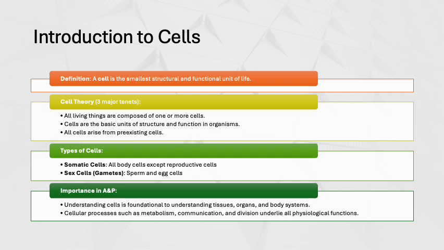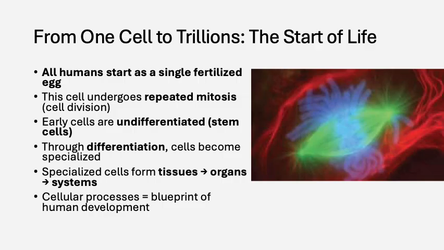In the human body, we recognize two main categories of cells: somatic cells, which make up tissues and organs, while sex cells, or gametes, include the egg and the sperm cells and are involved in reproduction. In anatomy and physiology, understanding cells is essential because every tissue, organ, and body system depends on cellular processes like metabolism, communication, and cell division to function properly.